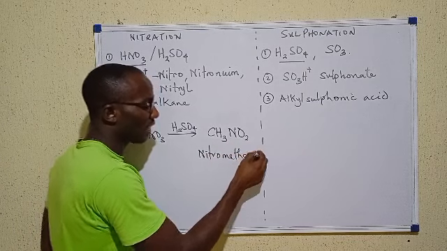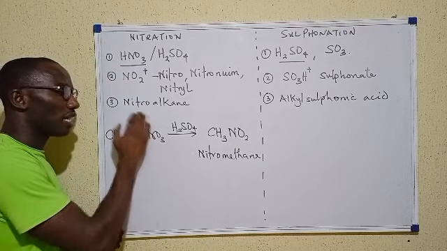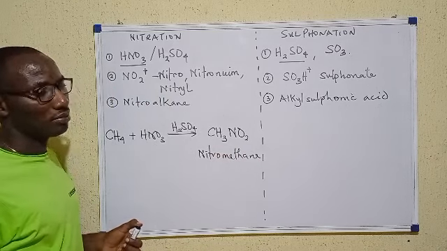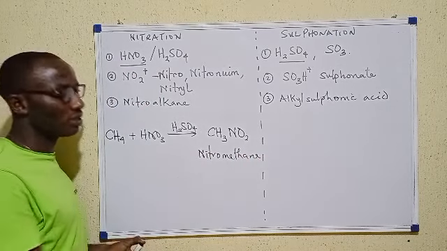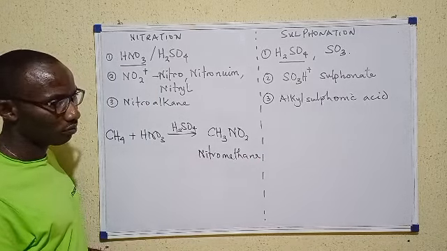If you look at the name nitromethane, it corresponds with this nitroalkane. So the alkane is methane. So methane upon nitration becomes nitromethane, which is written as CH3NO2.